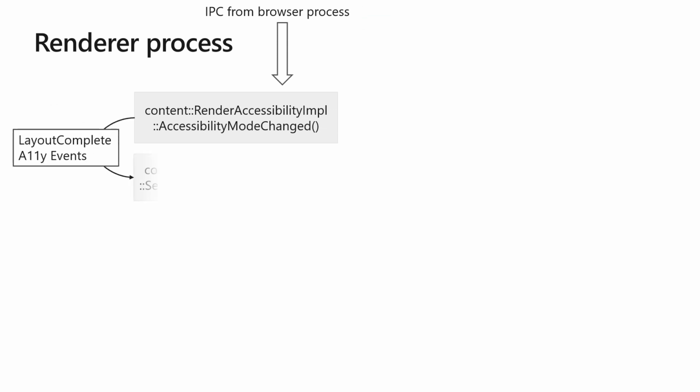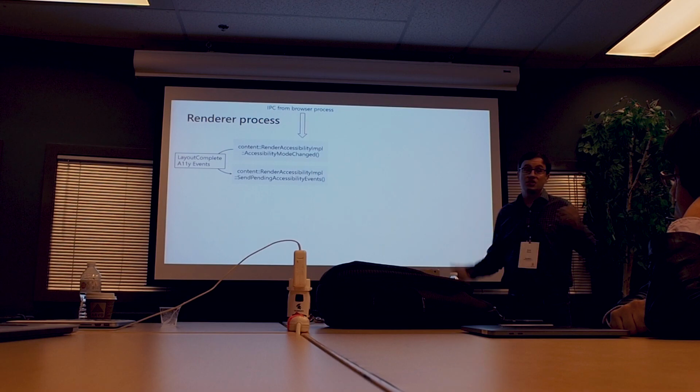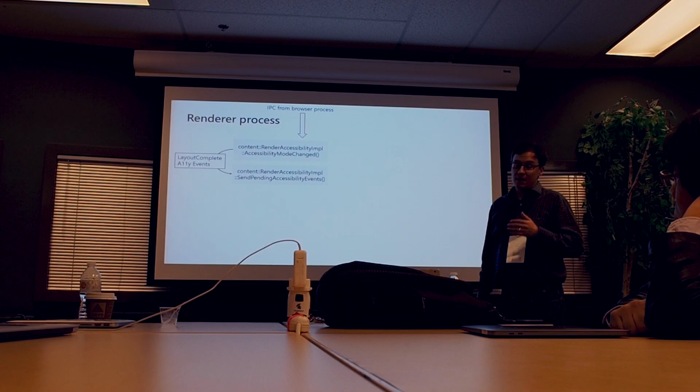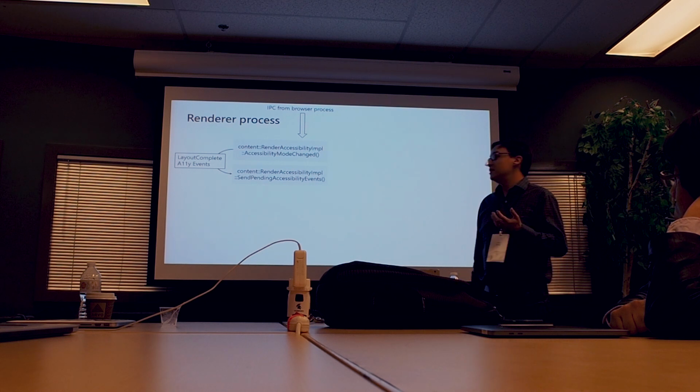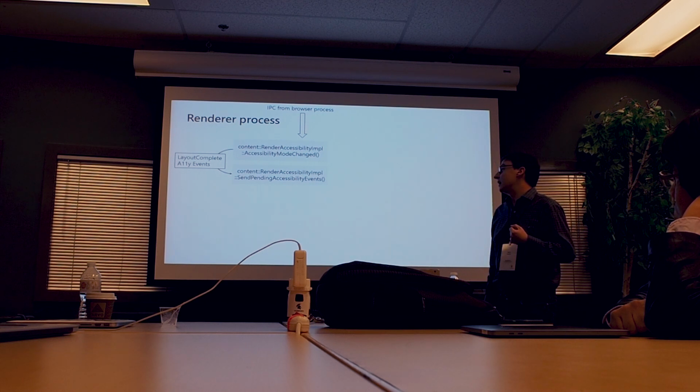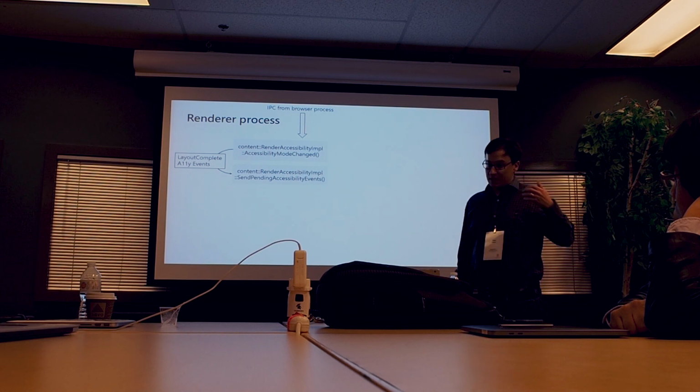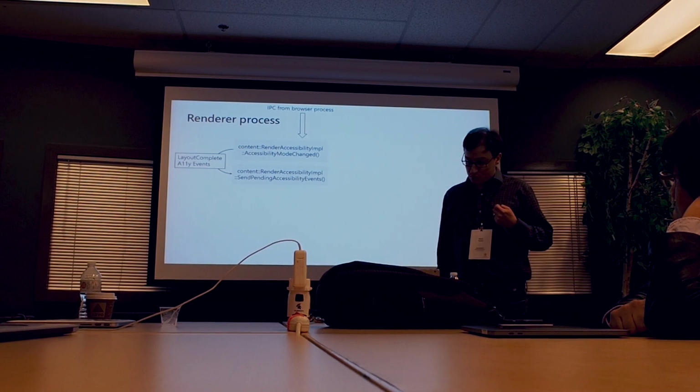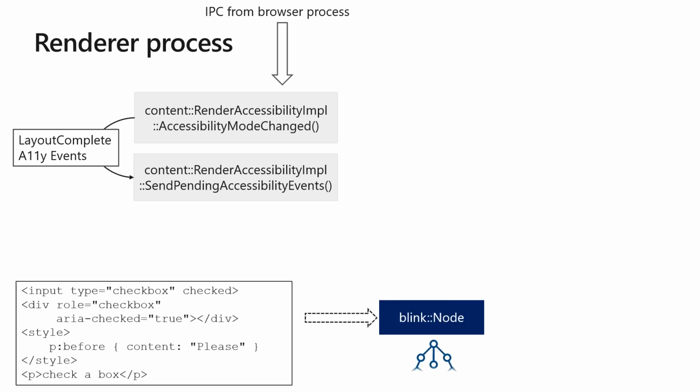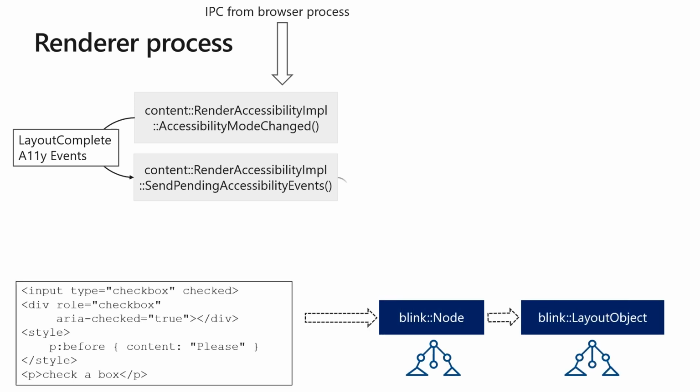So when that flag first gets set, we generate a layout complete event, and from that point forward, any layout complete event, whether it's due to a state change or just a simple navigate in the renderer, will cause us to collect the latest state of accessibility information and package it up, and I'll go through that shortly.